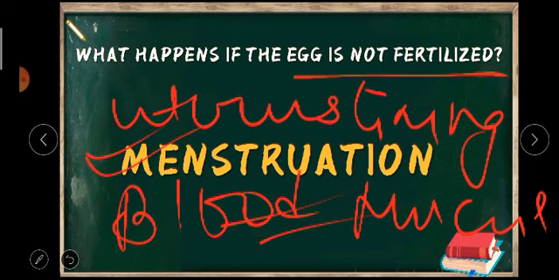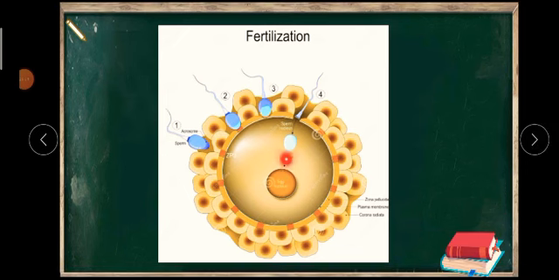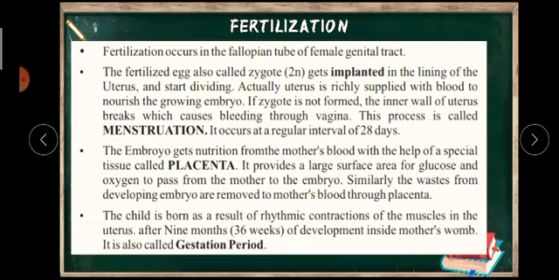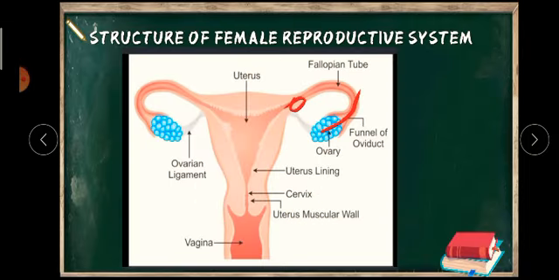Is it clear, students? But if the ovum gets fertilized, the woman is not going to experience menstruation. The fertilized egg, which we also call the zygote, will get implanted in the lining of the uterus. This lining, as we already discussed, develops in order to provide nutrition to a baby.